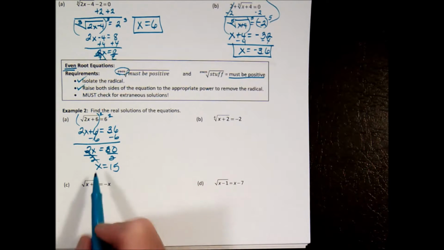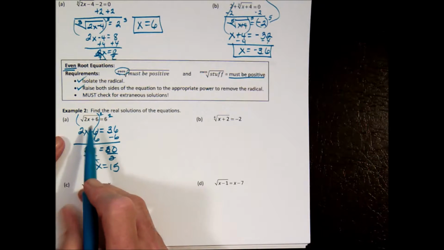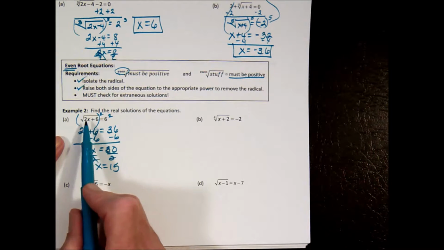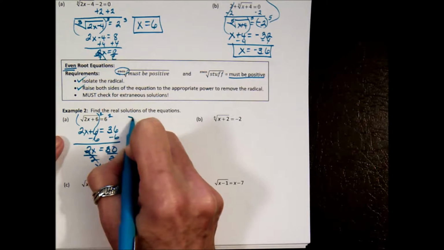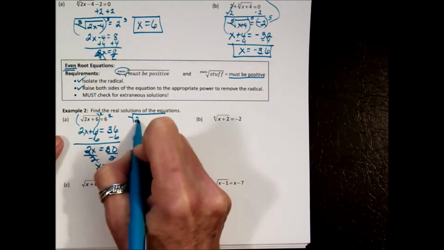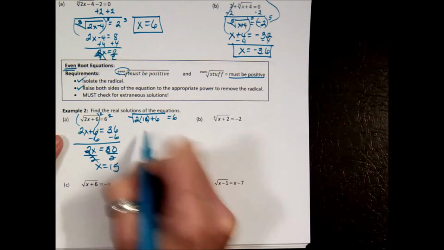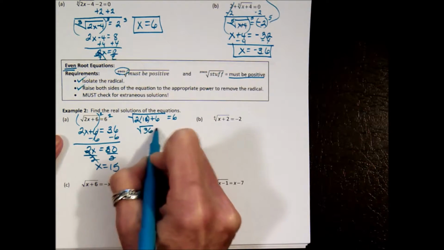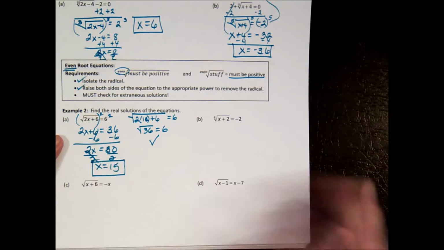However, we can't count on that actually being the answer. So we're going to go up into our even root equation, and we're going to plug it in and check it in the original before we ever squared. So it would be the square root of 2, take out the x, put in the 15, plus 6 equals 6. Or the square root of 36 equals 6. And obviously it works, so that one worked just fine.